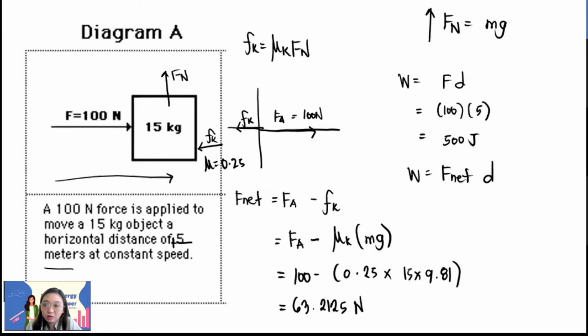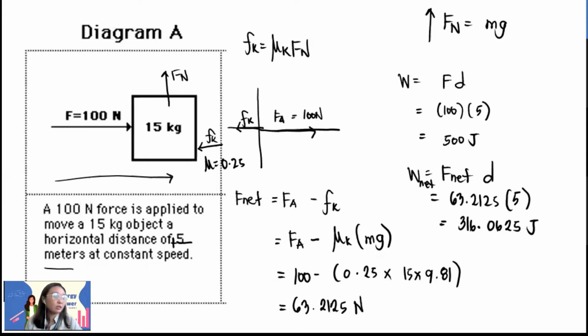So since meron na tayong F net, so pwede na natin siyang substitute dito. 63.2125 times the distance, or the displacement rather, is 5. So net work is equal to 316.0625 joules. Okay? So, nakuha po ba?